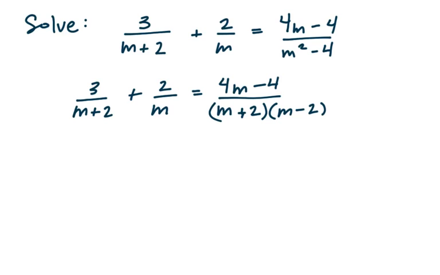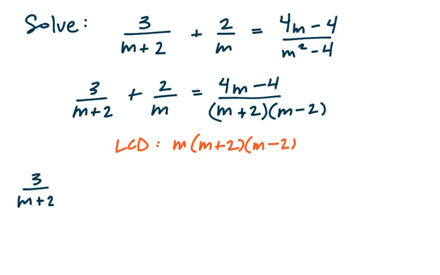So in this situation, my LCD is m plus 2, and m minus 2. So I'll multiply each term by that LCD. So the first term, 3 over m multiplied by the LCD, plus 2 over m.